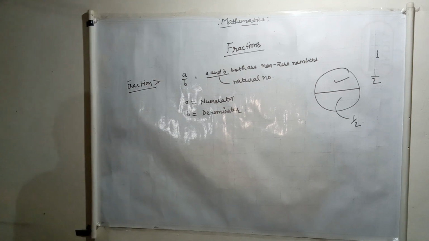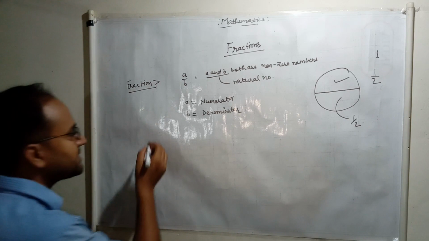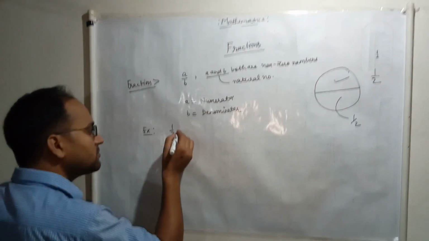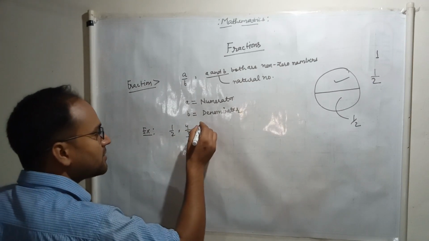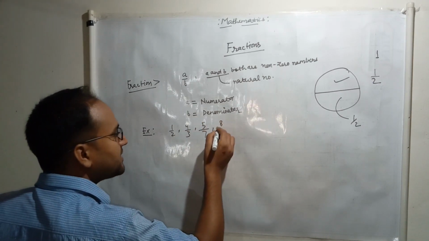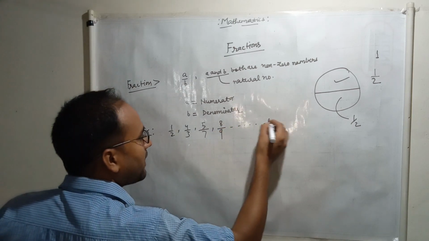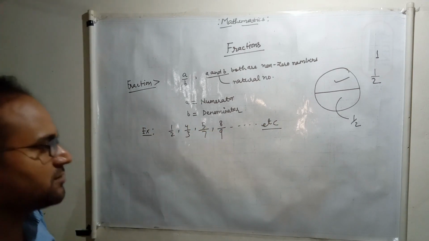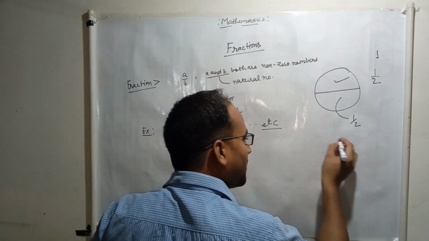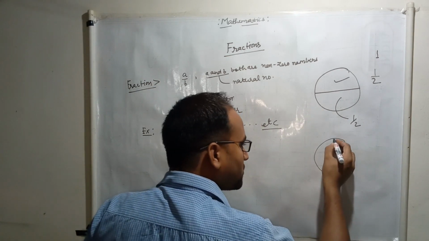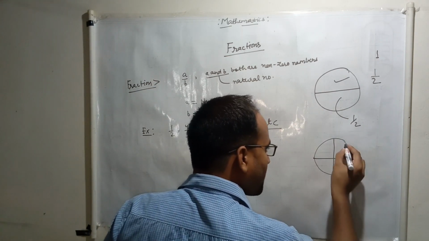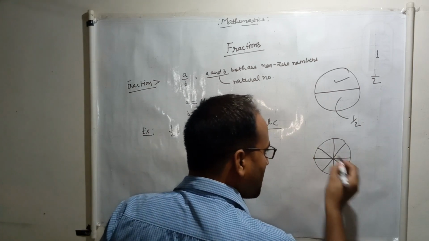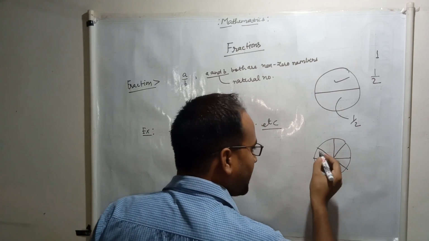Okay students, now I'm going to give examples. Examples are like 1 upon 2, 4 upon 3, 5 upon 7, 8 upon 9, and so on. There are a lot of fractions. Suppose I have taken one object and divided it into 1, 2, 3, 4, 5, 6, 7, 8 equal parts.